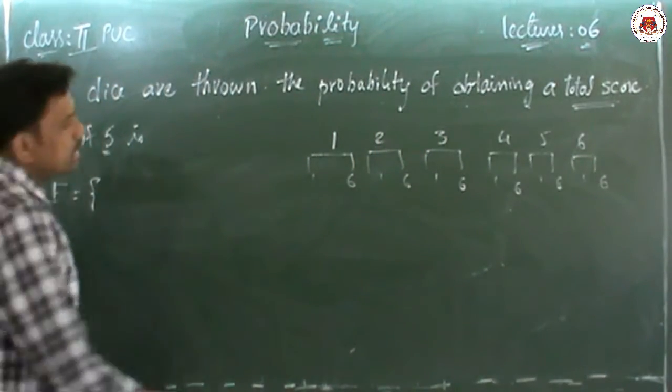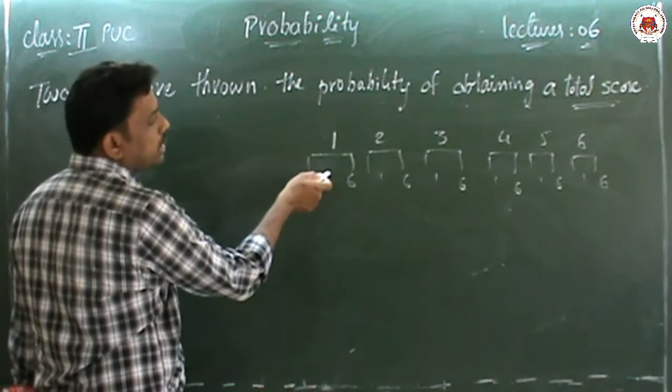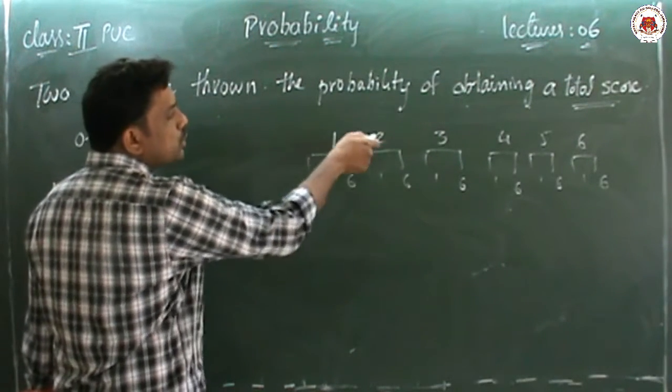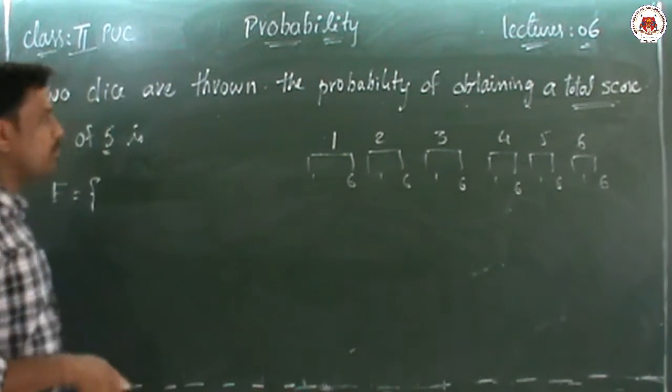The sum of the numbers on the first die and the second die should be equal to 5.